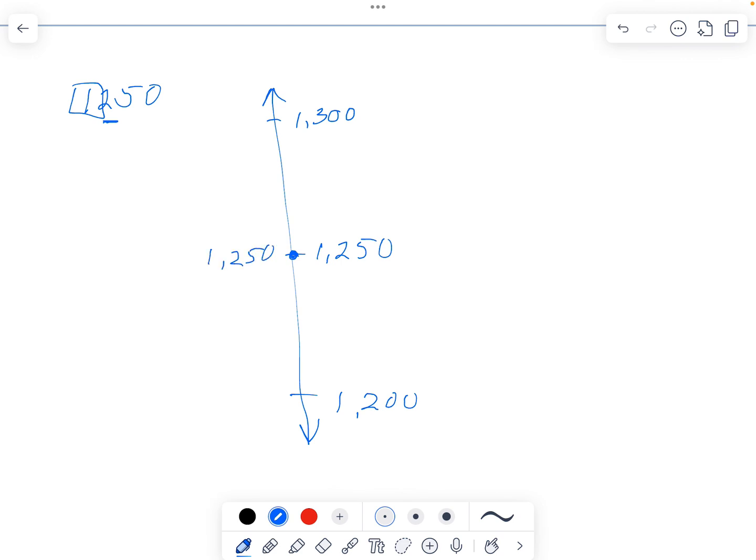Again, we cannot round to the midpoint. No, no, no. It has to be to one of the multiples of 100. Since it is on the midpoint, it's not closer to 1,200 or 1,300 because it's right in the middle.